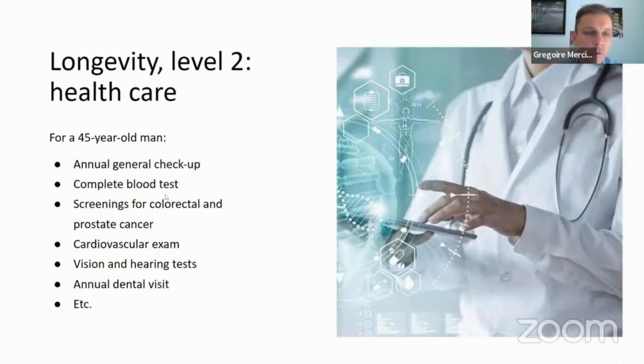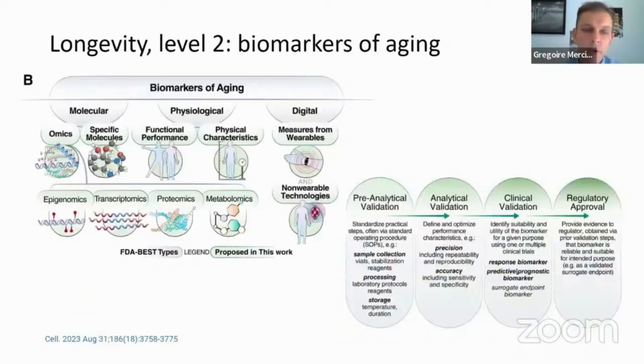And so that was just to give you a very short example of what a 45-year-old man similar to me should do in terms of preventive healthcare in order to improve one's longevity. But again, that was just background intervention.